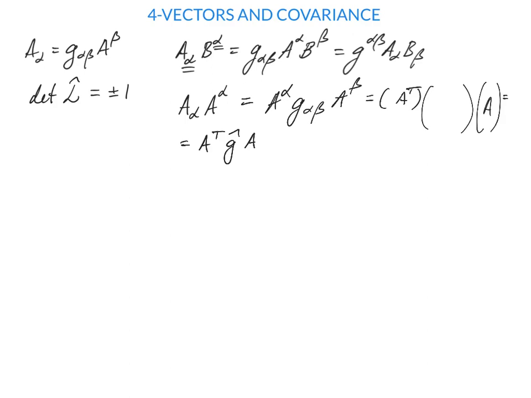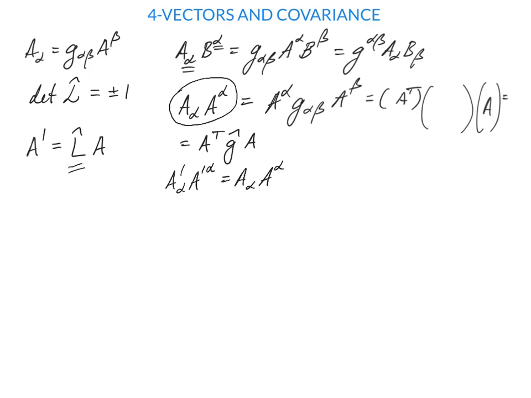Now if we transform to a new reference frame, then by definition A prime is equal to L A. I don't use any arrows here to designate vectors, but where it's just a letter, it's understood as a vector. Because the contraction is invariant, the A prime contraction with itself has to be equal to the A contraction with itself for any L, for any member of the Lorentz group.